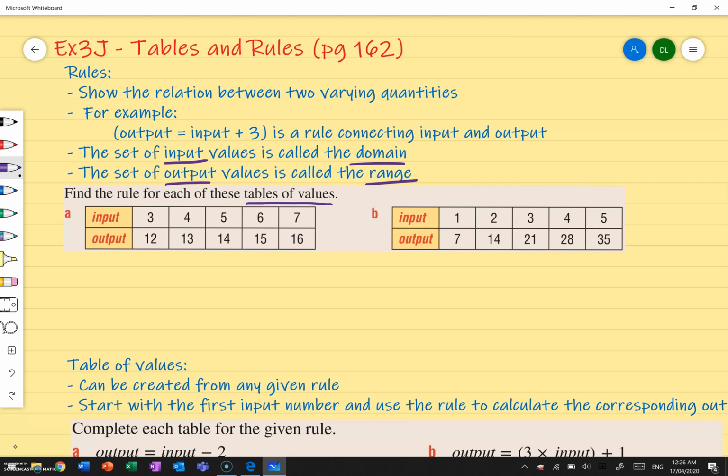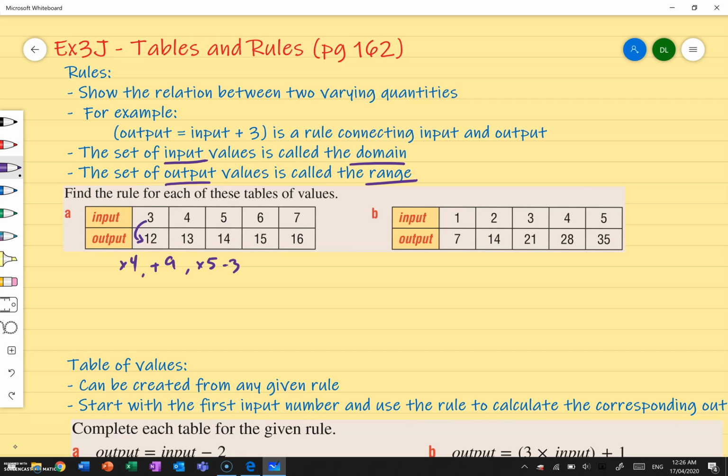So this first example tells us to find the rule for each of these tables of values. So I look at this and I'm saying, how do I get from 3 to 12? Well, I could times it by 4, I could plus 9, I could times it by 5 minus 3, or whatever. We can do whatever we want. But this rule has to apply to all of the input numbers.